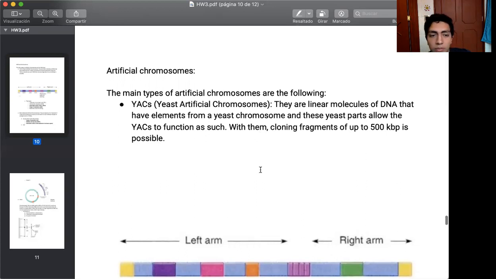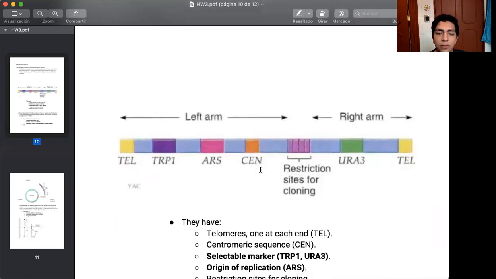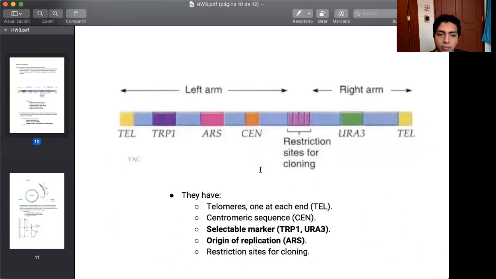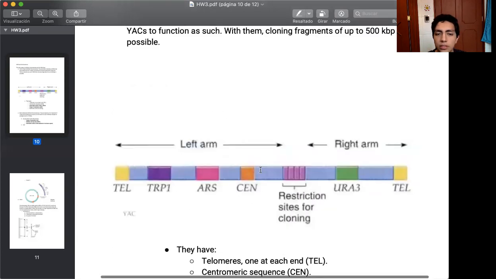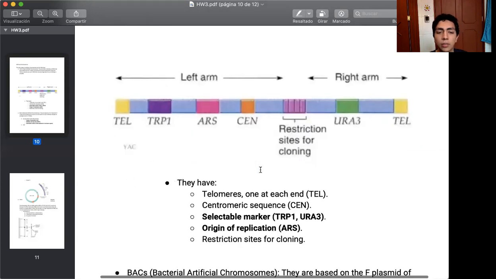500,000 kilobase pairs. Here we have a picture, an example of the structure of a yeast artificial chromosome. We have here the telomeric part. We have two because it's linear, so it has one at each end.